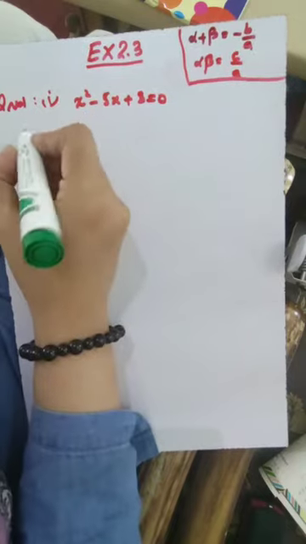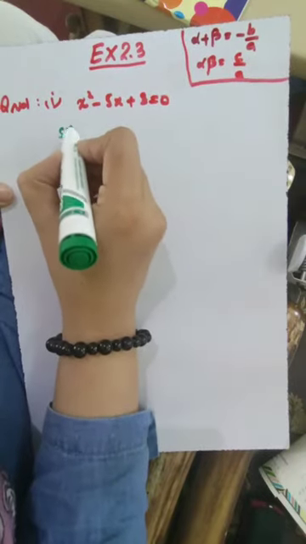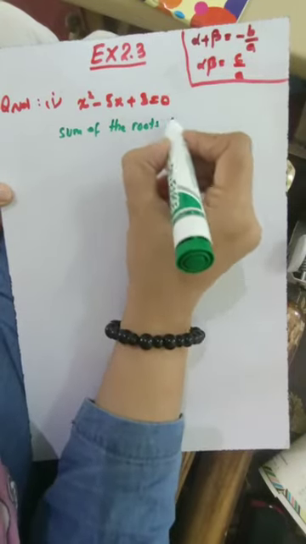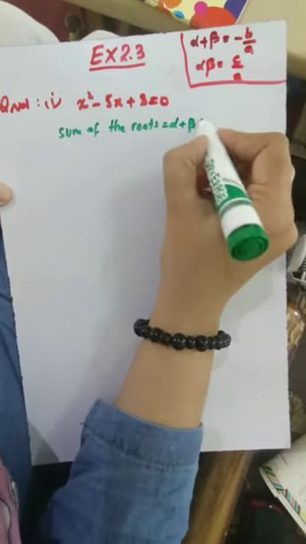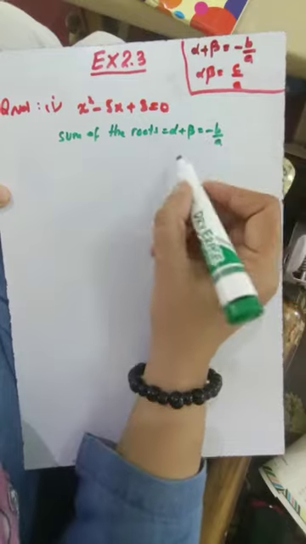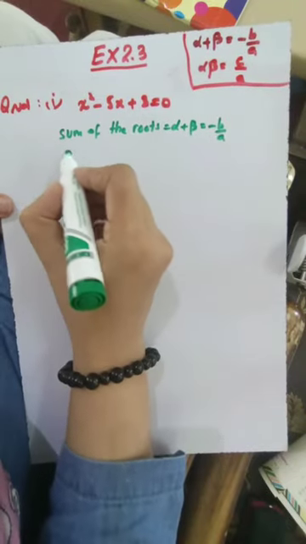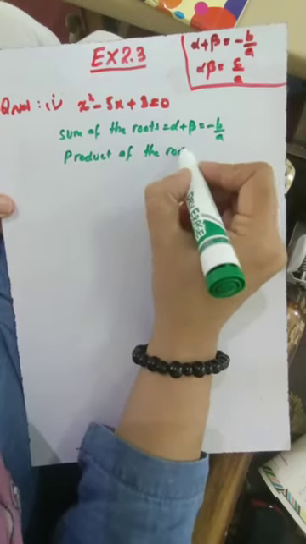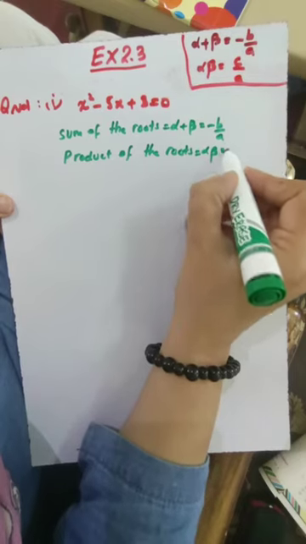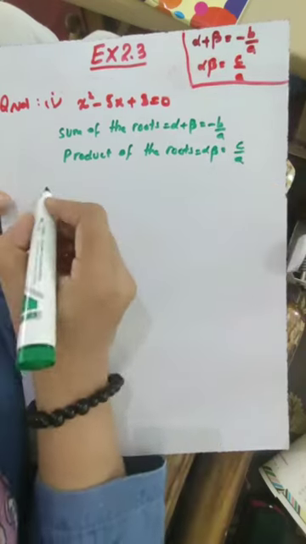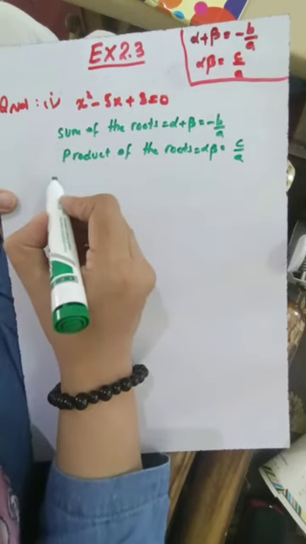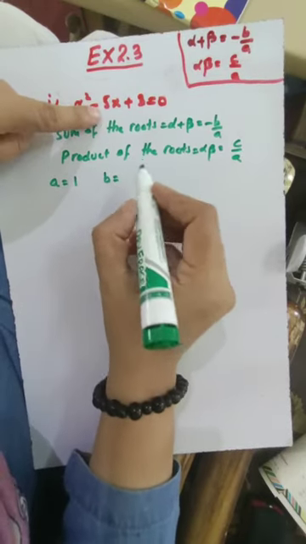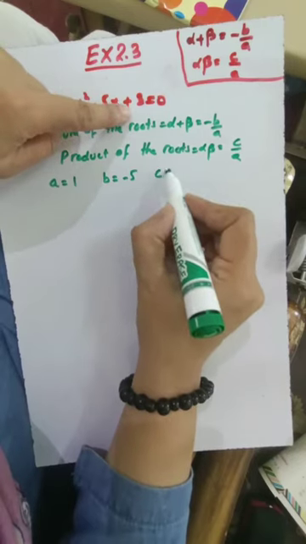We know that the sum of the roots, alpha plus beta, is equal to negative b over a, and the product of the roots, alpha into beta, is equal to c over a. In this equation, a is equal to 1 because a is the coefficient of x square, b is the coefficient of x which is negative 5, and c is the constant 3.